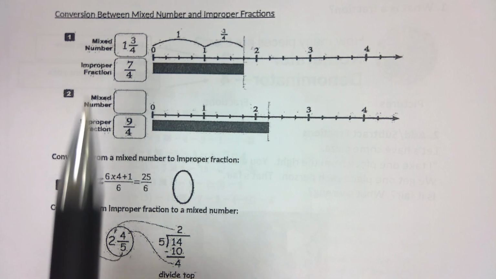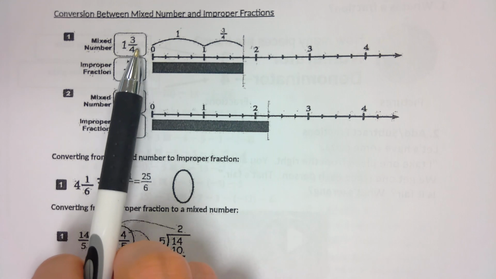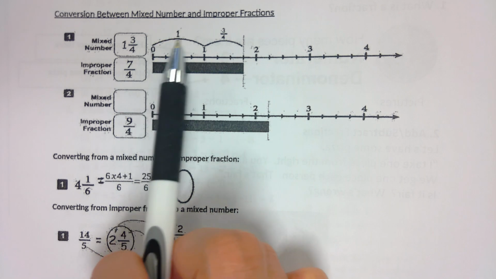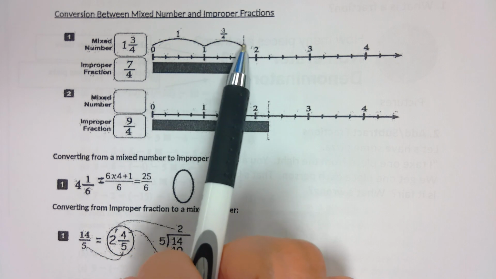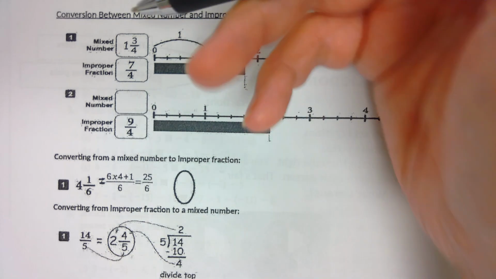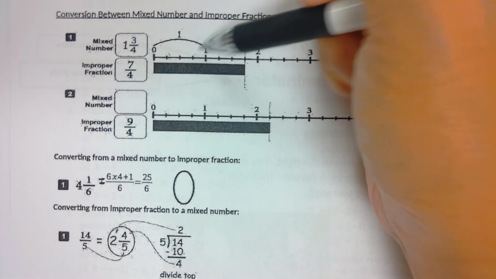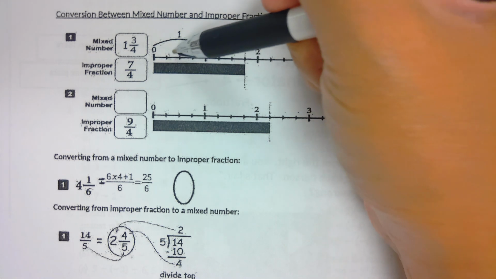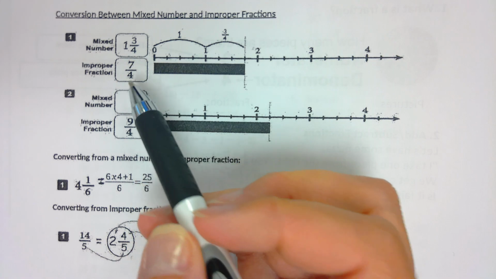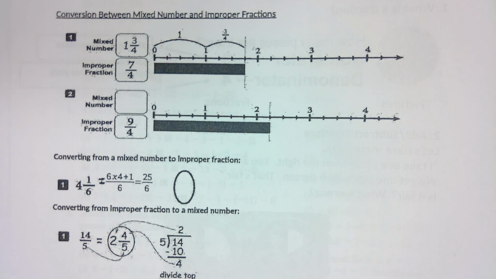Okay, so mixed numbers are ones where you have a whole number and then the fraction. So in this number line right here, you can see we have 1 whole and then 3/4 of a number line. If you count just the small ticks right here, small sections, there's 1, 2, 3, 4, 5, 6, 7. So it's also the same as 7/4.